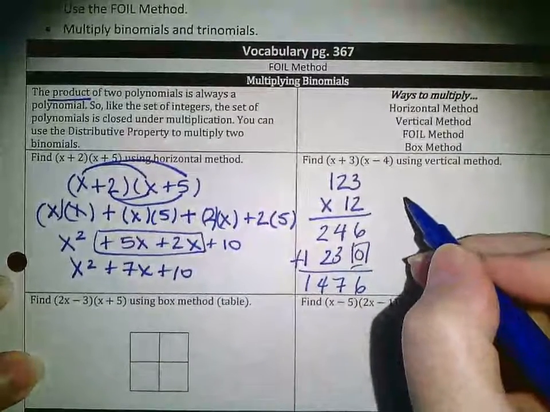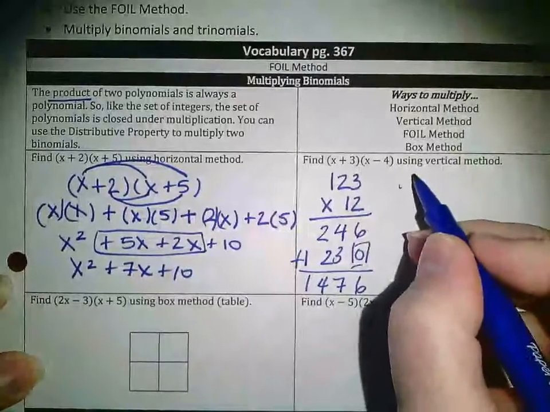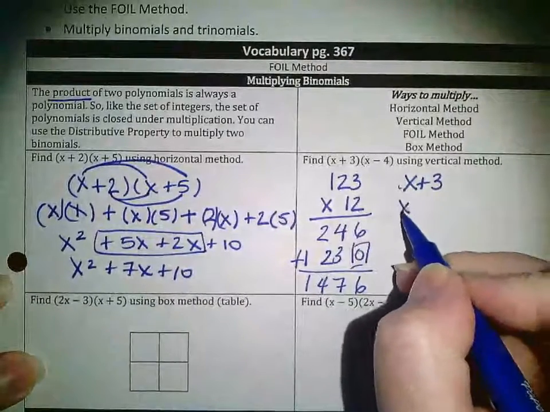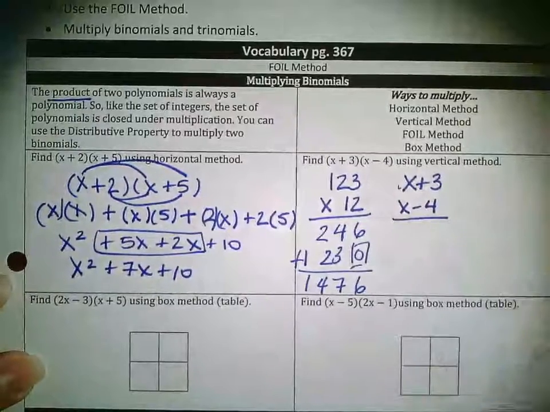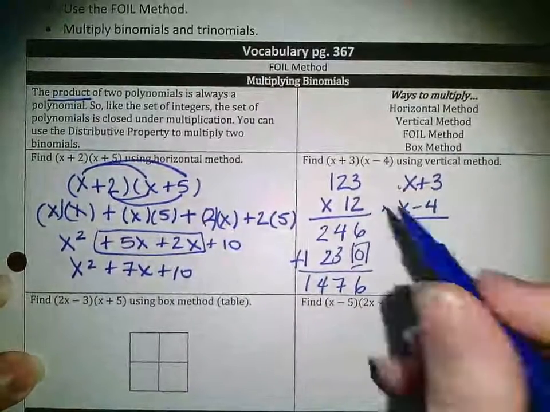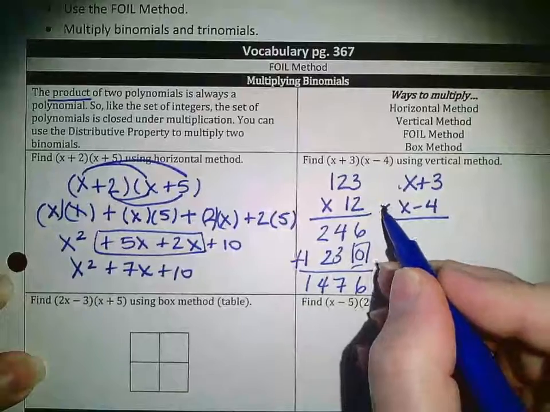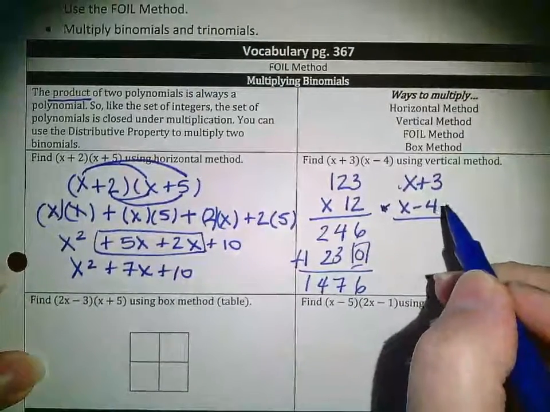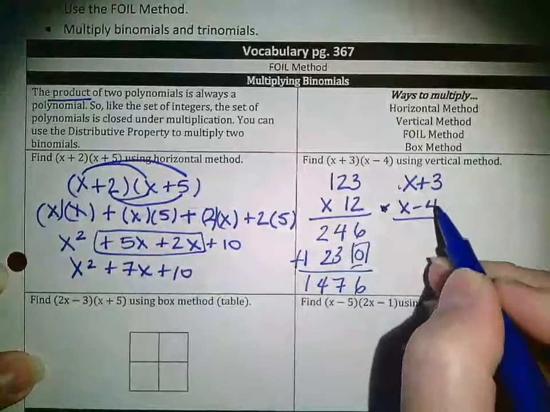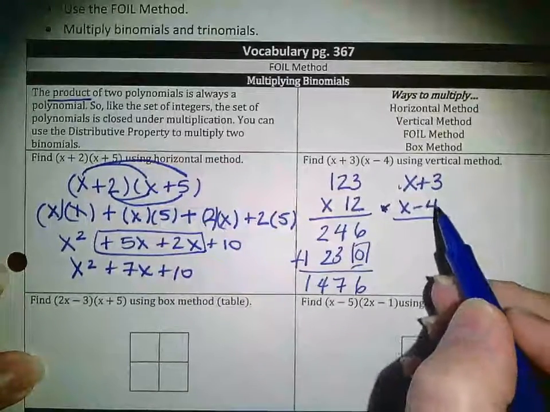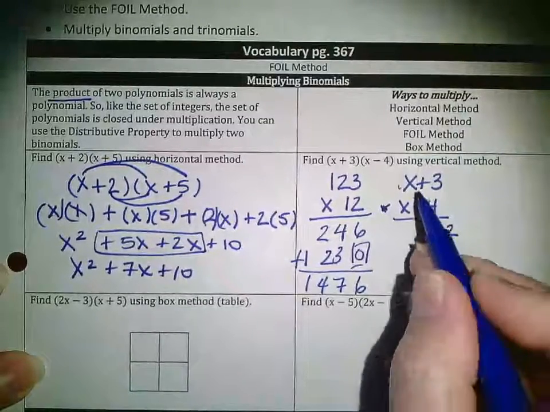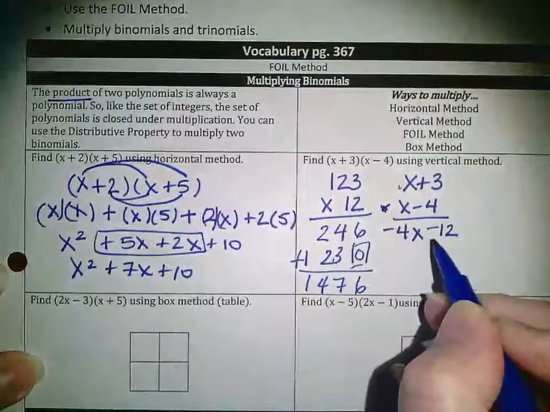So basically what you're going to do here is you're going to have x plus 3 times x minus 4. So remember, you're multiplying these. So it's like you're putting a little multiplication symbol here, not an x, a little multiplication symbol. So in the first one, you're just going to distribute the negative 4. So negative 4 times 3 is obviously negative 12, and negative 4 times x is negative 4x.